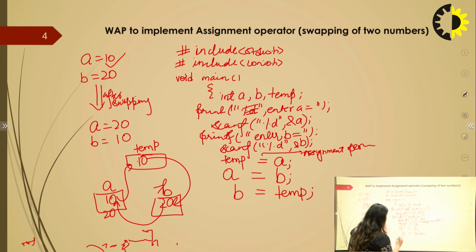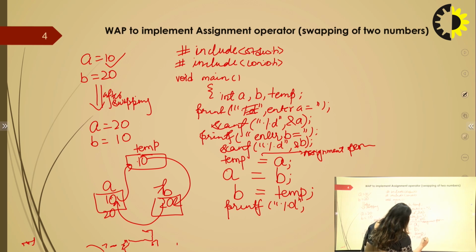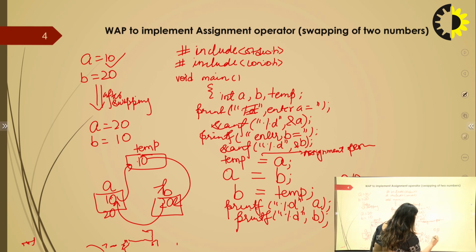Now we just have to printf percentage d, value of a, and printf percentage d, value of b. So in the output we will get a becomes 20 and b becomes 10.